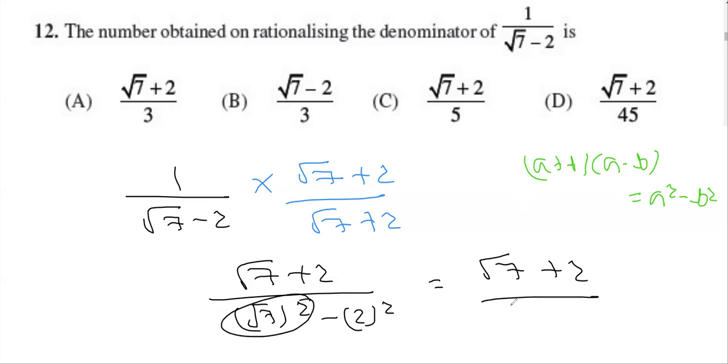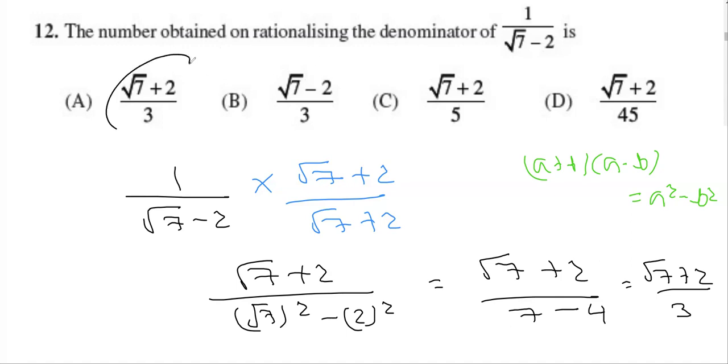Root 7 square is 7, and 2 square is not under root 2, it's 2 square is 4. And finally, we can say that it is root 7 plus 2 over 7 minus 4, which is 3. When I look into the options here, I get A as the correct option for this.